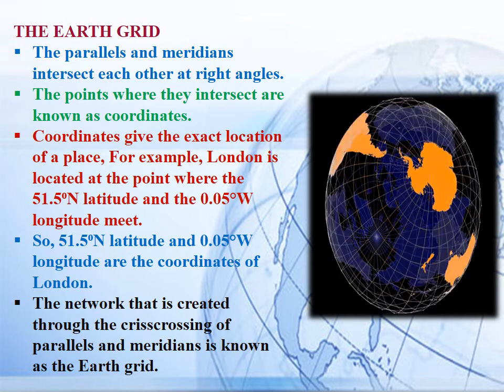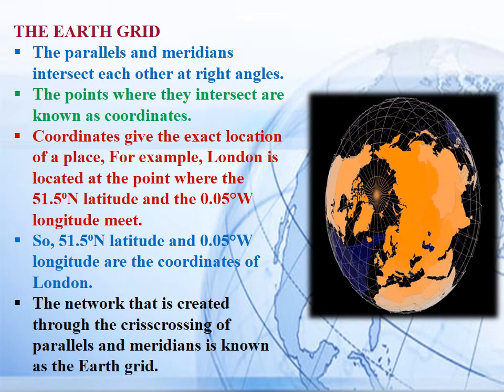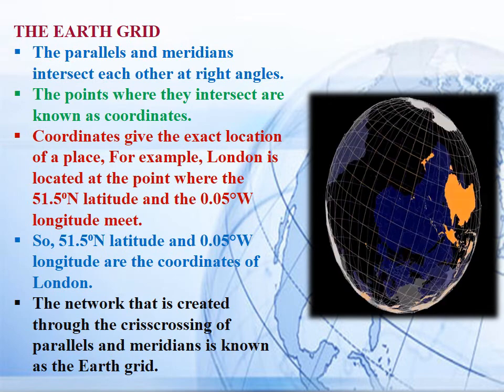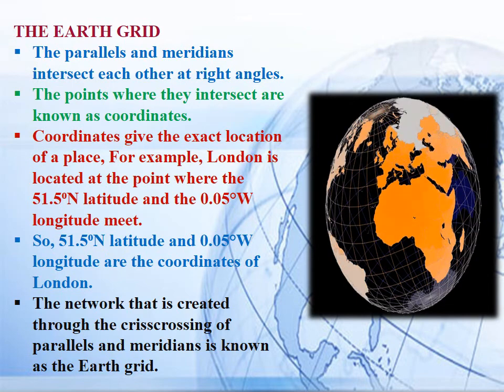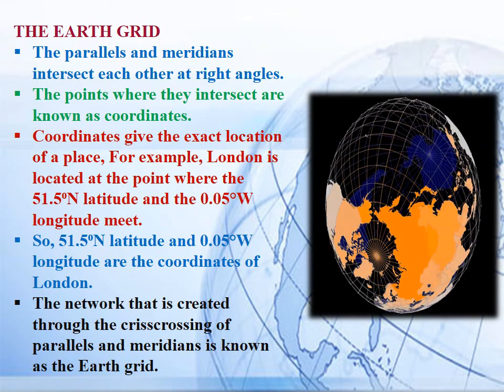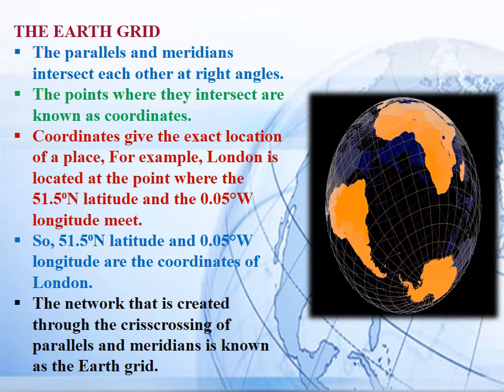So, 51.5-degree north latitude and 0.05-degree west longitude are the coordinates of London. The network that is created through the crisscrossing of parallels and meridians is known as the earth grid.